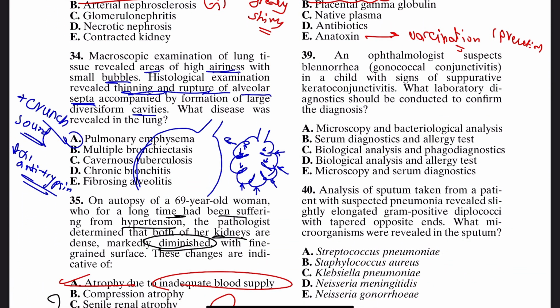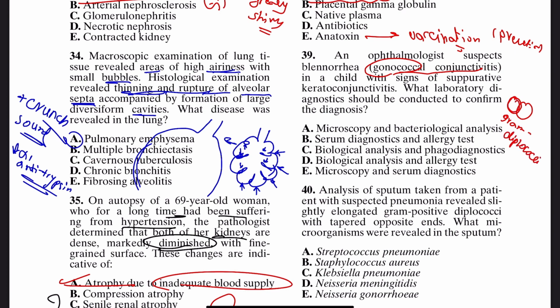If someone has gonococcal conjunctivitis in a child with signs of suppurative keratoconjunctivitis, what laboratory diagnostic should be conducted to confirm the diagnosis? So gonococci are gram-negative diplococci. So it looks like this.